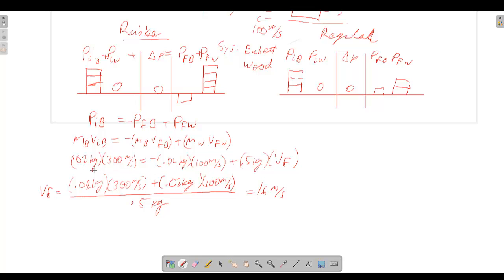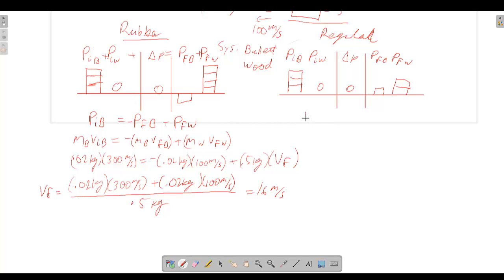So you end up with 0.02 kilograms times 300 meters per second plus 0.02 kilograms times 100 meters per second, and then divide both sides by the 0.5 kilograms, so that all you're left with is V final. And that gives us a very nice 16 meters per second for the final velocity of the block with the rubber bullet. So this is with the bullet that bounced off the wood block.